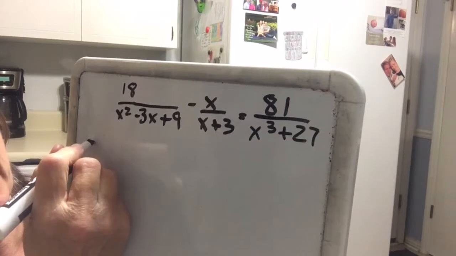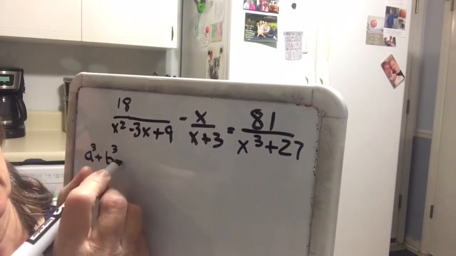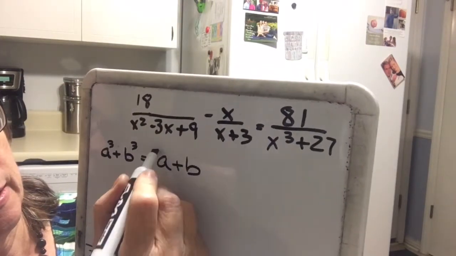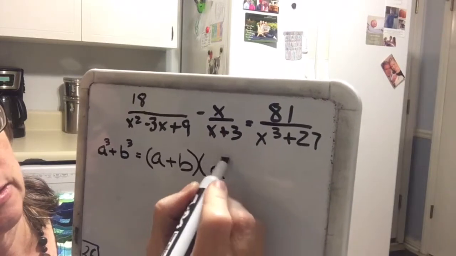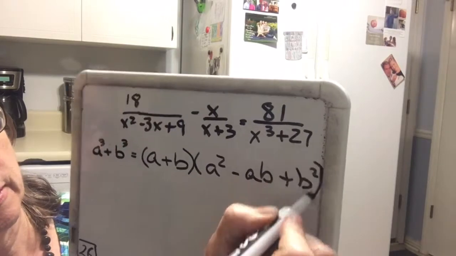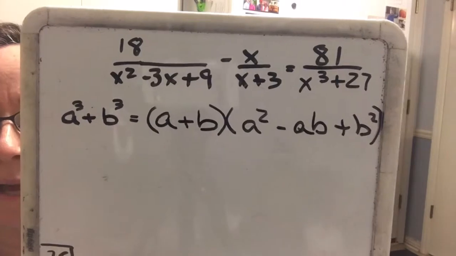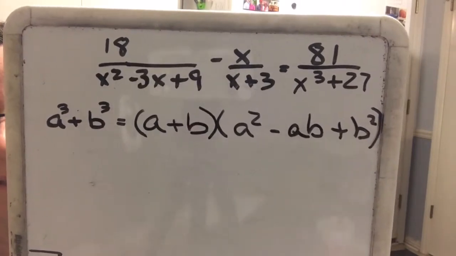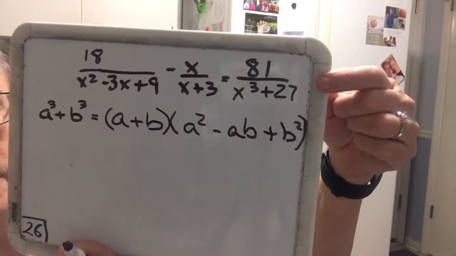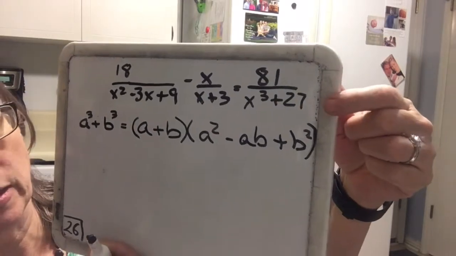And remember that if we have a cubed plus b cubed, that's going to factor as a plus b times a squared minus ab plus b squared. Okay, that is our sum of two cubes formula. And that's what we have down here is a sum of two cubes. 27 is a perfect cube, so we have x cubed plus 3 cubed.